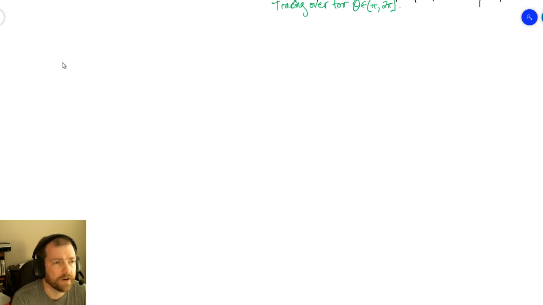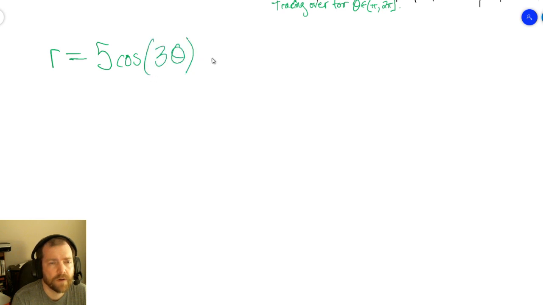So if we had r equals 5 cosine of 3 theta plus 1, and they wanted to convert this back into rectangular coordinates, they'd come in and they'd say, well, if you remember, cosine of theta was equal to x over r.